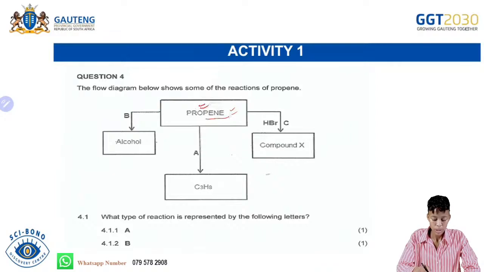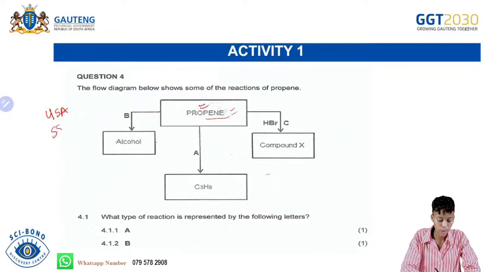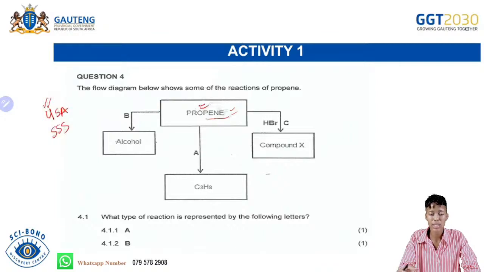Because it has double bonds, you are going to use USA and your triple S there. This is your starting point, your reactants, which are on the left hand side of the reaction. Propene will be unsaturated because it has double bonds.